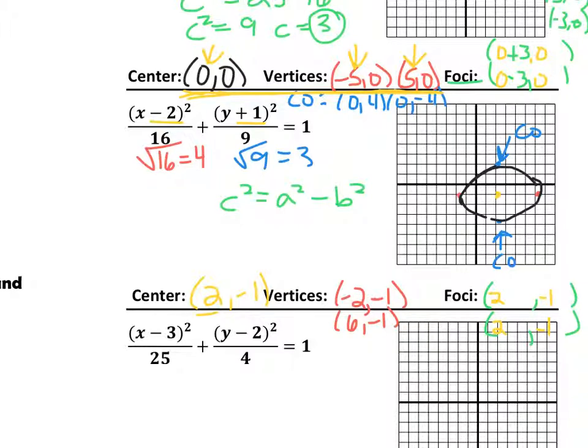Remember, a squared and b squared are your denominators, and it doesn't matter which one is which, just do it so it's positive. So I need it to be 16 minus 9. So c squared equals 7, and c equals the square root of 7. And what is changing? The x value is changing in those points, so it's going to be 2 plus the square root of 7 and 2 minus the square root of 7. See why I said we're not going to worry about graphing those?